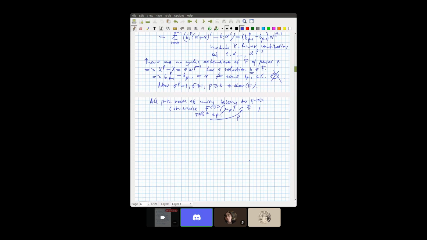Next, we can apply Kummer theory. Then F is obtained by adjoining a certain p-th root of some element.